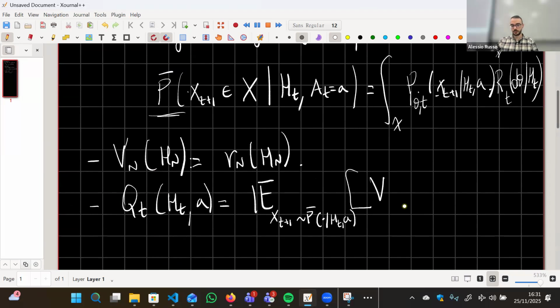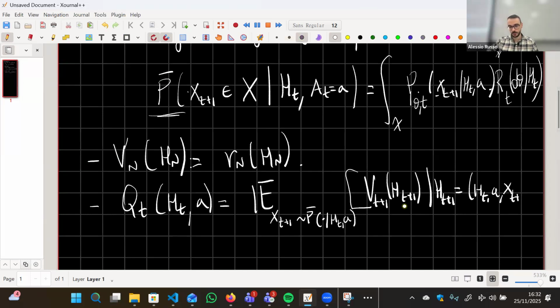So it's an expectation over the next observation sampled from the posterior transition of what? We're going to define it to be of Vt plus 1 computed in Ht plus 1, where Ht plus 1 is equal to Ht, a, xt plus 1.